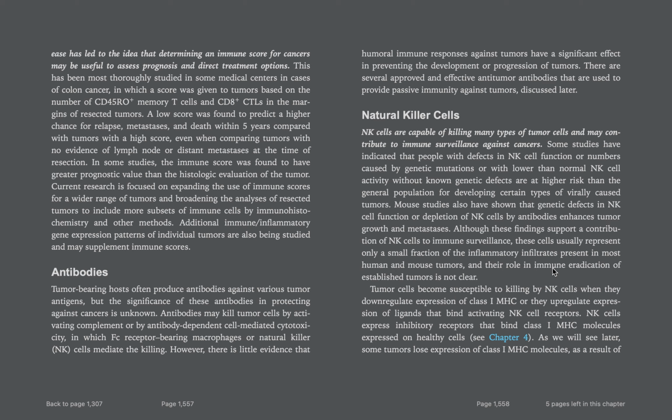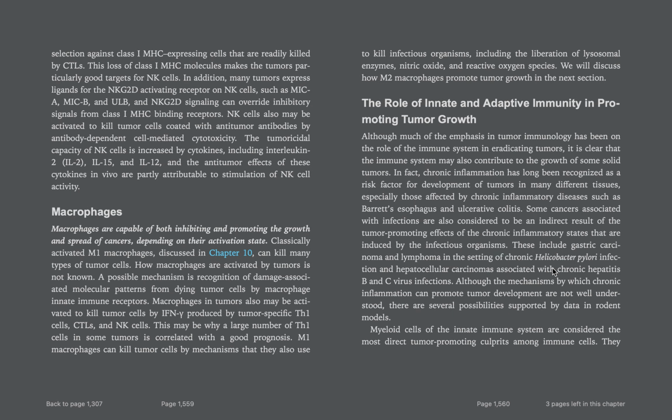As we will see later, some tumors lose expression of class 1 MHC molecules as a result of selection against class 1 MHC-expressing cells that are readily killed by cytotoxic lymphocytes. This loss of class 1 MHC molecules makes a tumor a particularly good target for natural killer cells.